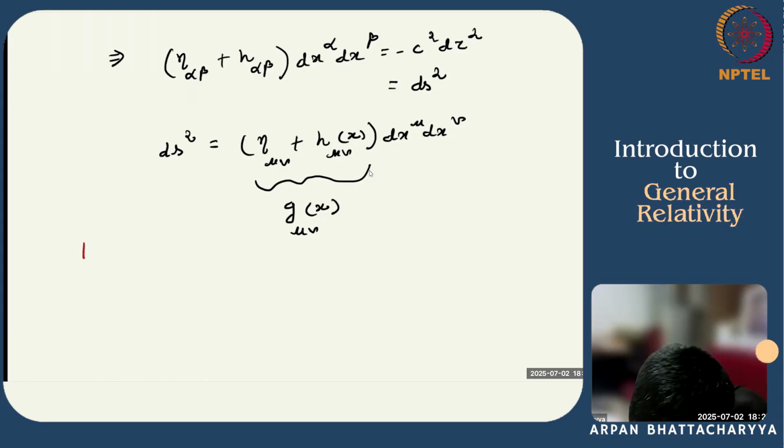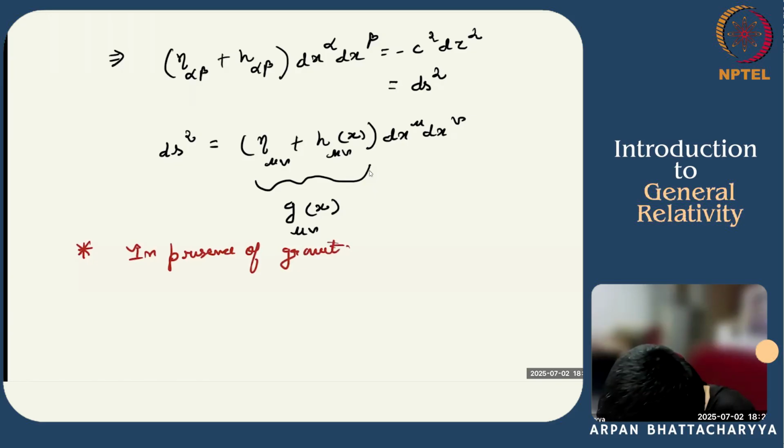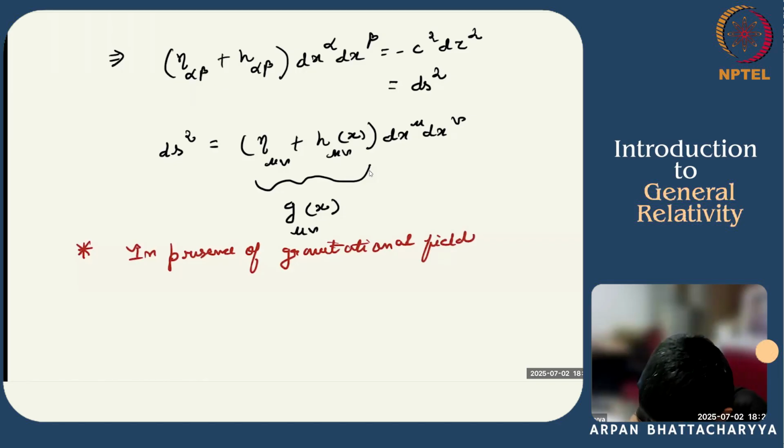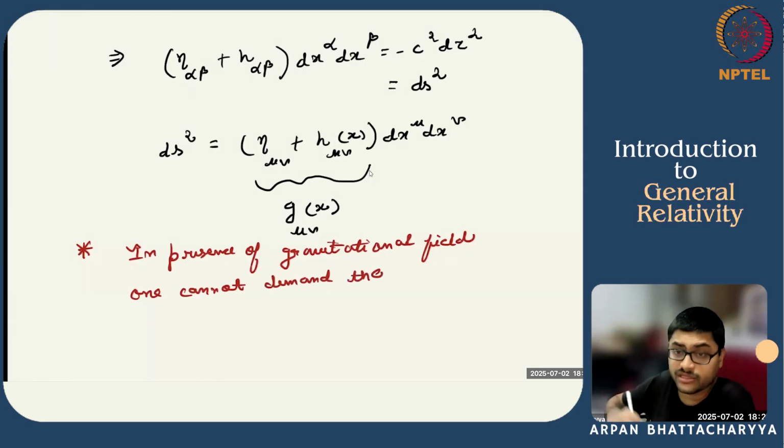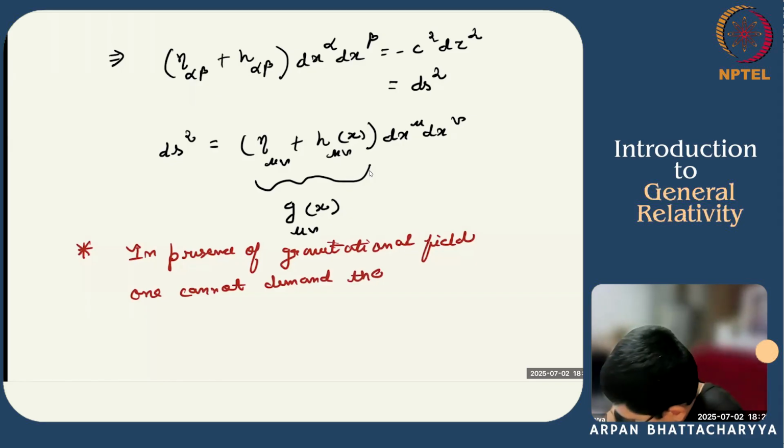So the important lesson is that in the presence of a gravitational field, that is h mu nu for our case, one cannot demand the Lorentz invariant nature of it, right?